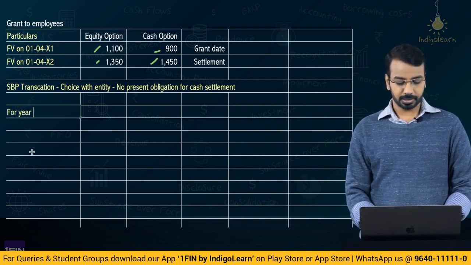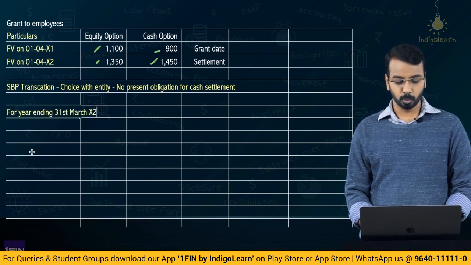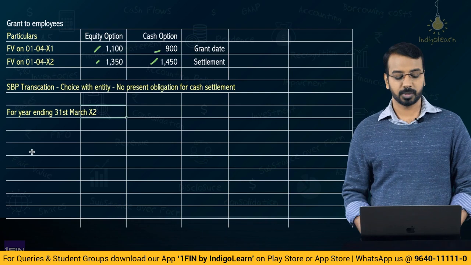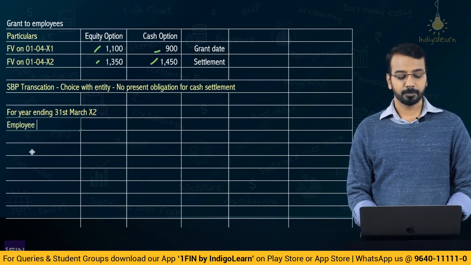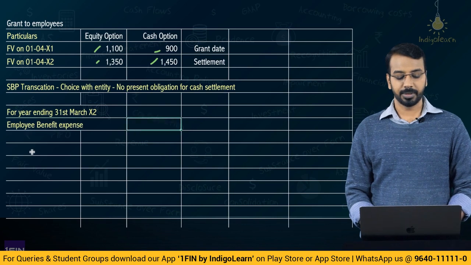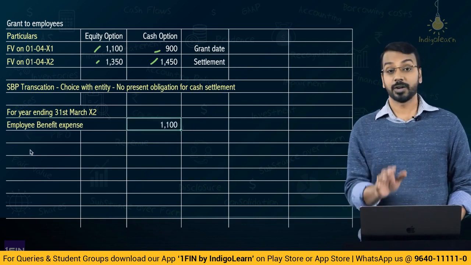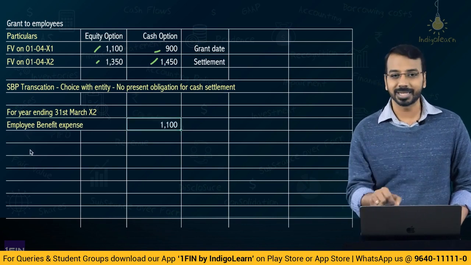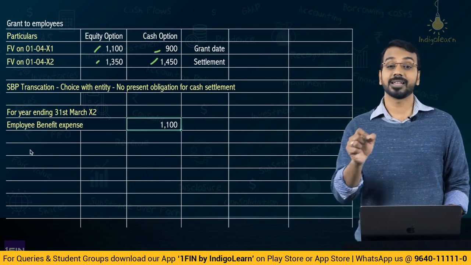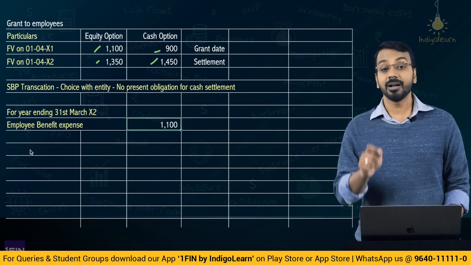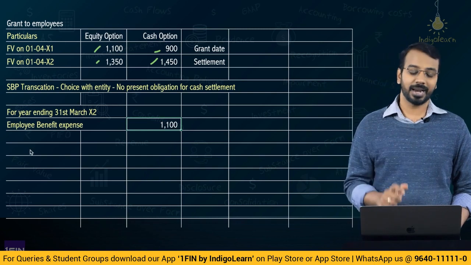So, for the year ending 31st March of year 2, that's 1st of April year 1 to 31st March of year 2, employee benefit expense will be debited by how much? 1100. So friends, please remember, whenever there is an equity settled transaction and the transaction is with the employee, you will consider the fair value on the date of grant, which is 1100.